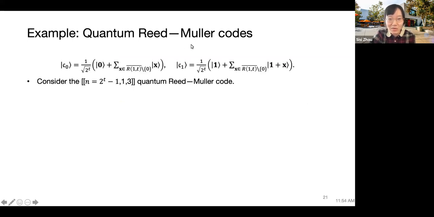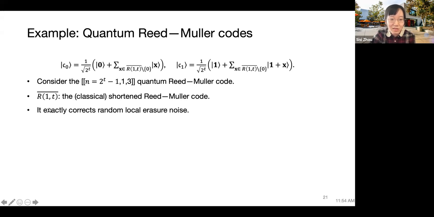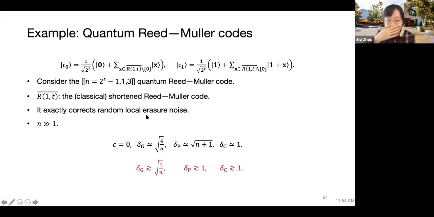We can also study the quantum Reed-Muller code, where we're just taking the simple two-dimensional code with distance 3. We can write down the codeword, and it's basically the superposition between different shortened Reed-Muller codes. I'm not going to go into the details here, but it exactly corrects random local erasure noise.